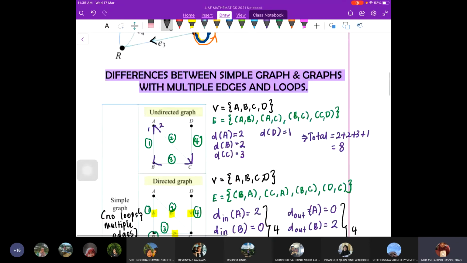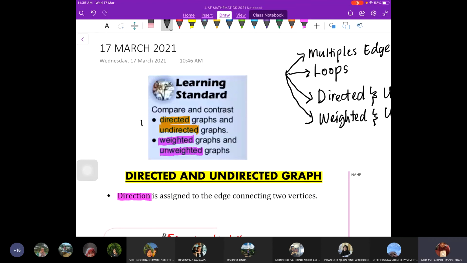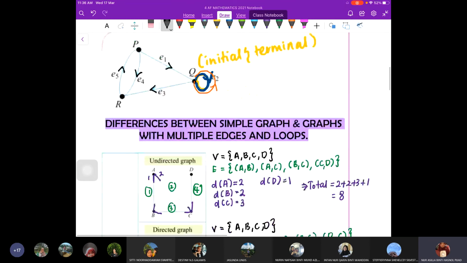Okay, looking at the learning standard, the first is done. So we will go to the second learning standard.